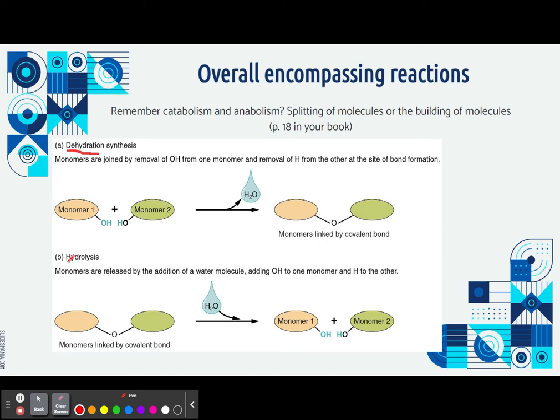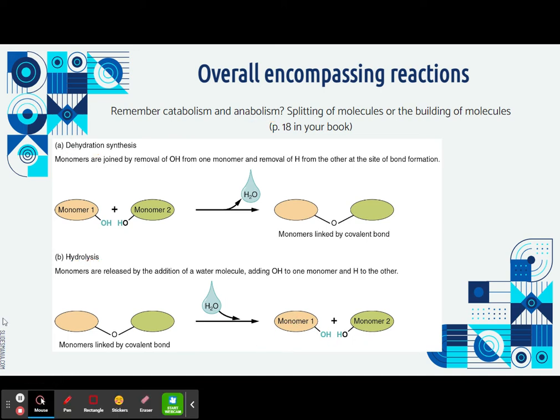Okay, the other process. This is anabolism. The other one, catabolism, is called hydrolysis. Hydro means water. And lysis, L-Y-S-I-S, not L-I-C-E, means to split. So we take a polymer, use water, and split it down into its monomers.